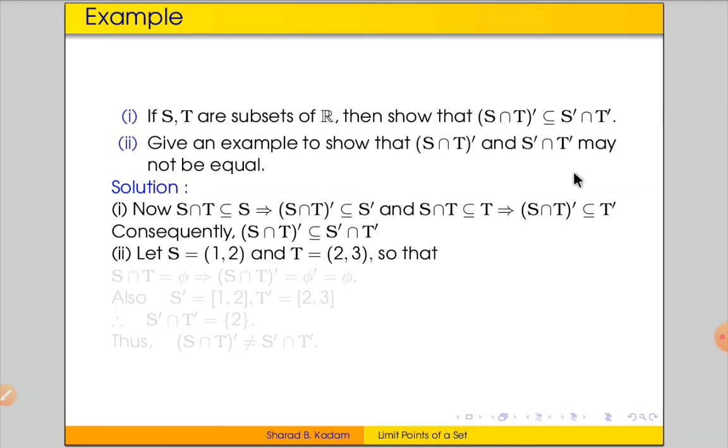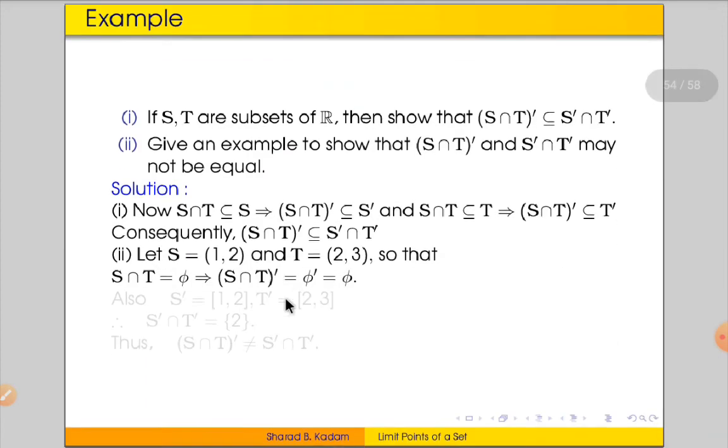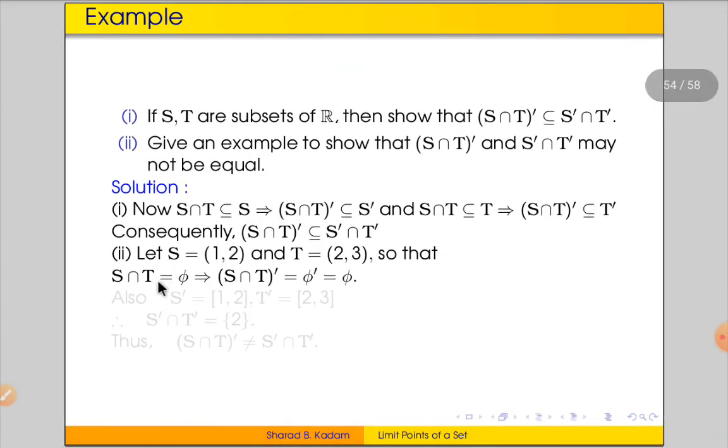So for this purpose, we consider an open interval S with the left end point 1 and right end point 2, and we consider an open interval T with the left end point 2 and right end point 3. Then their intersection will contain no element. So that is why the derived set of S intersection T will be empty set.